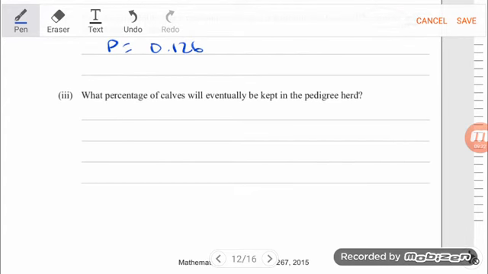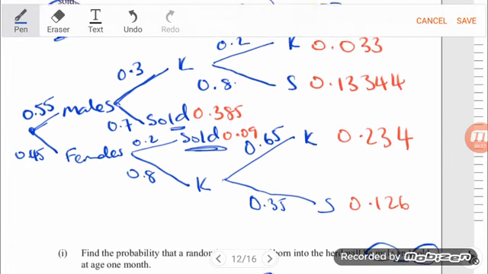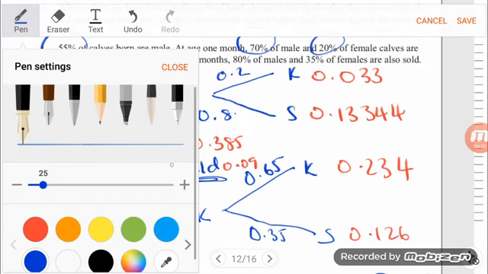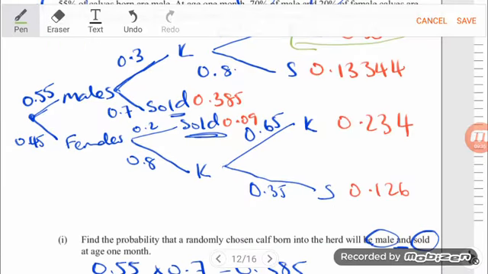What percentage of cows will eventually be kept in the pedigree herd? Okay, so we want the ones that are kept, which means, if I use a different colour pen again, we want these ones and these ones.